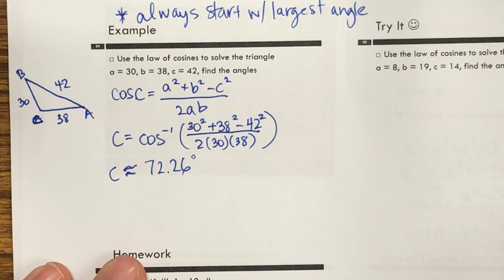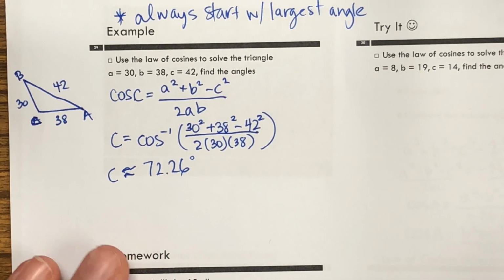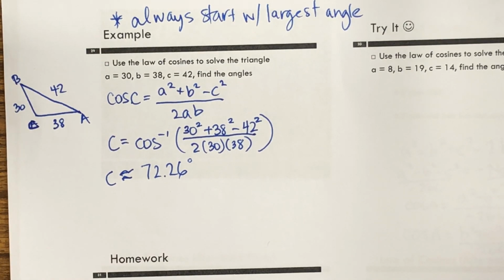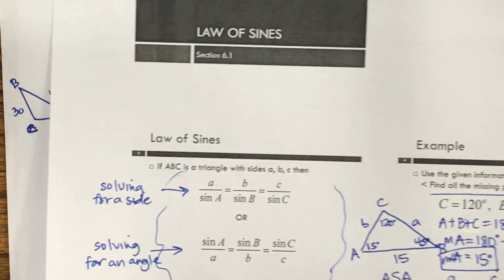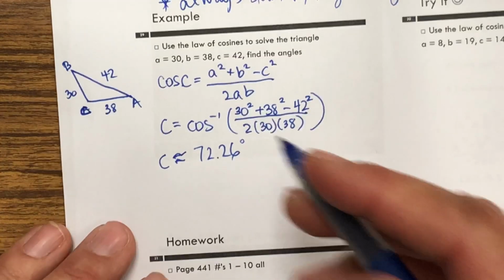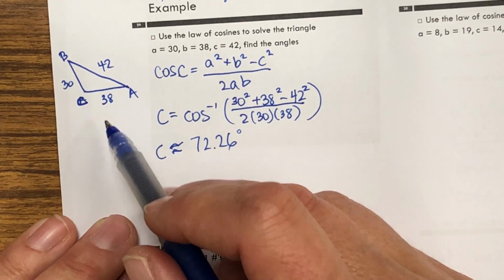Okay. So now, how am I going to get the rest of this? Oh, so we just found an angle. We need one more angle. So now I'm going to go back over here to my friend law of sines, and I'm going to find one of my angles similar to the way we've been doing. It really doesn't matter.